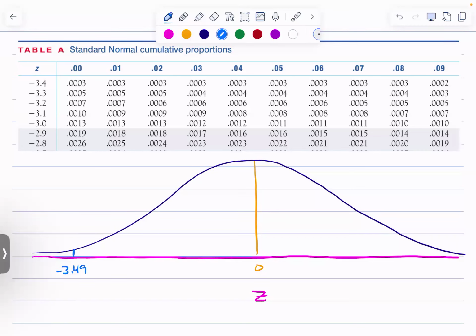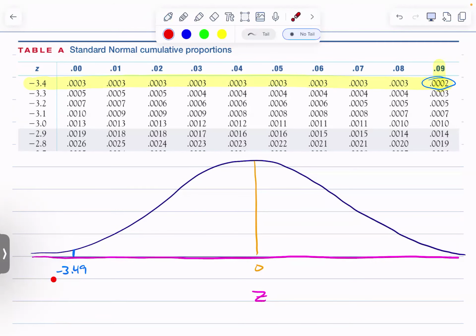Why? Because how we read this table is if Z is negative 3.49, the area to the left is 0.0002, right? I don't think we need to get any smaller than that. We know it keeps going, right? But from a Z of negative 3.49 and negative infinity, that total area is 0.0002.